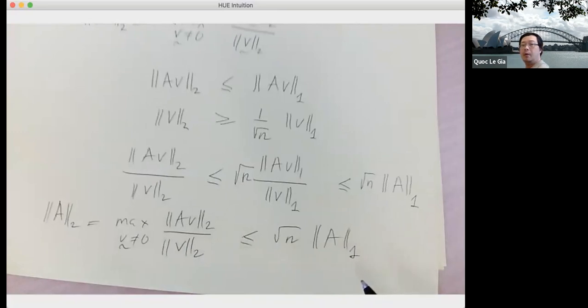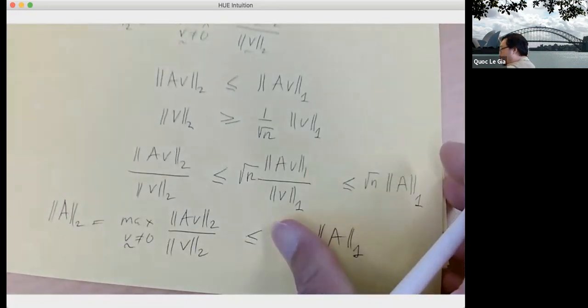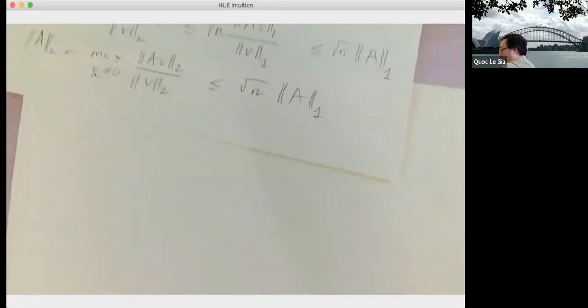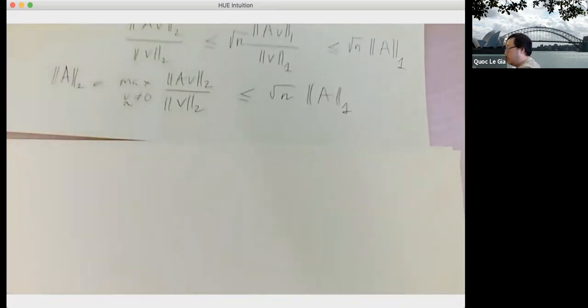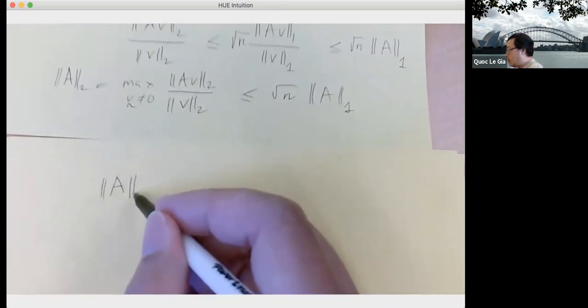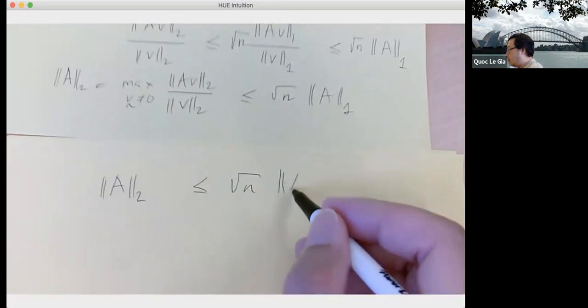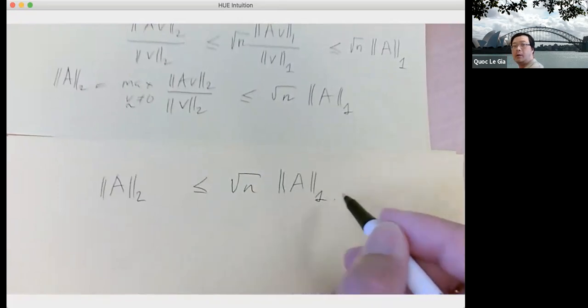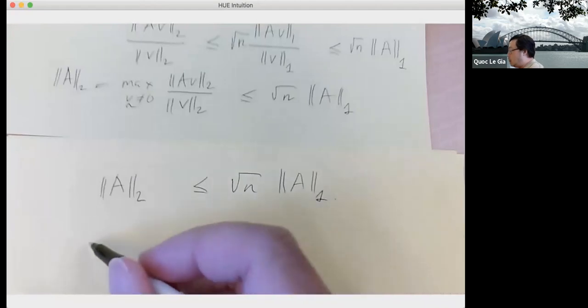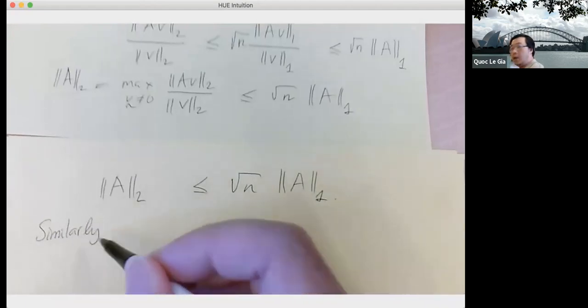So if I write down what we have done, we have the 2 norm of matrix A less than or equal to square root n times the 1 norm of matrix A. You can do the same for A inverse.